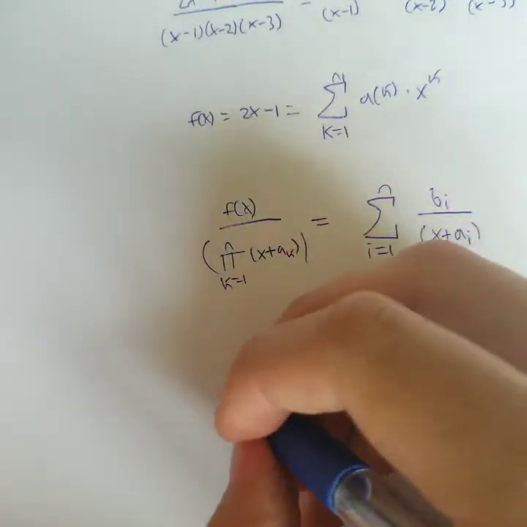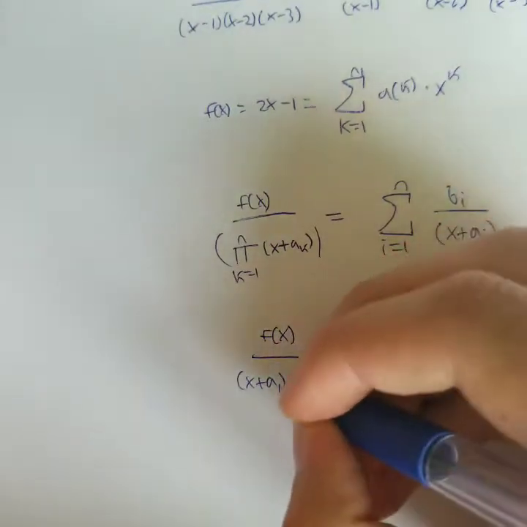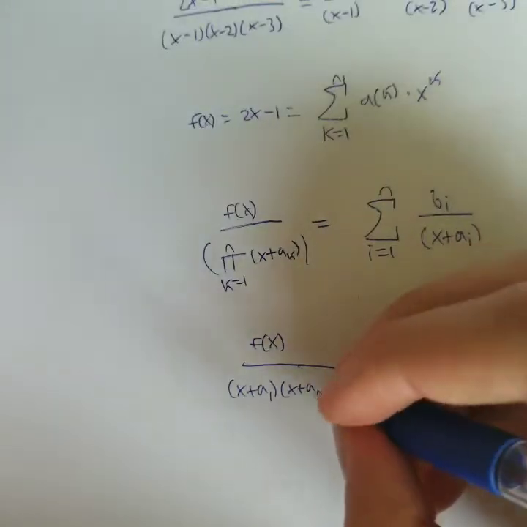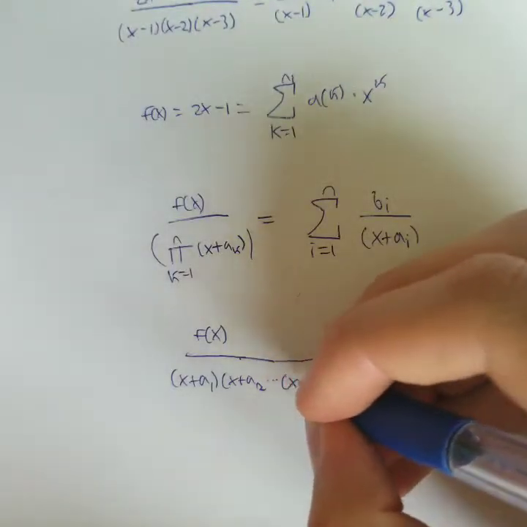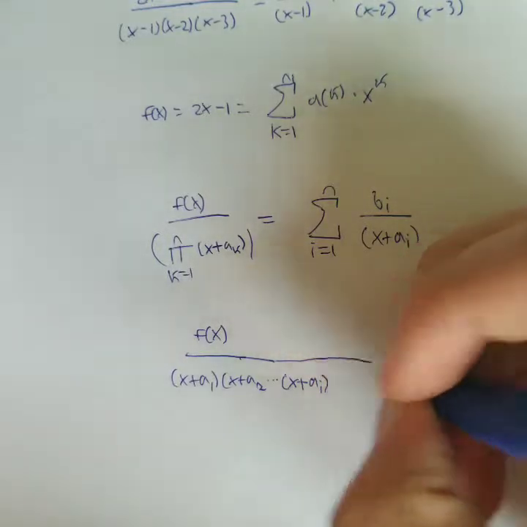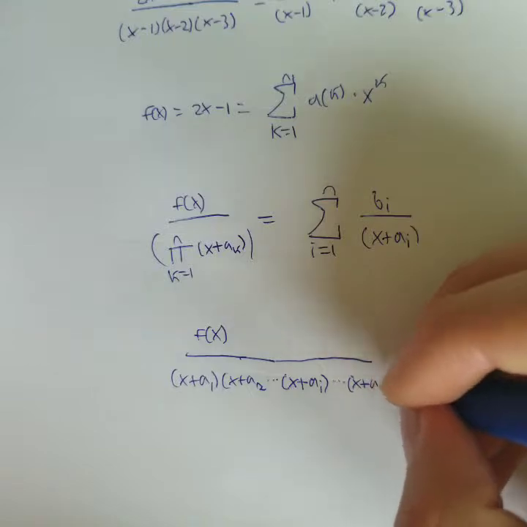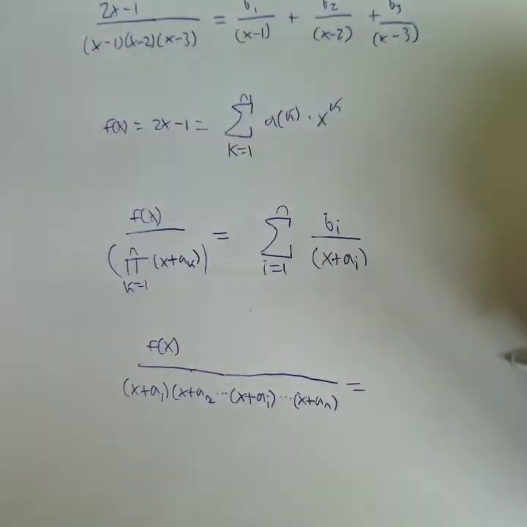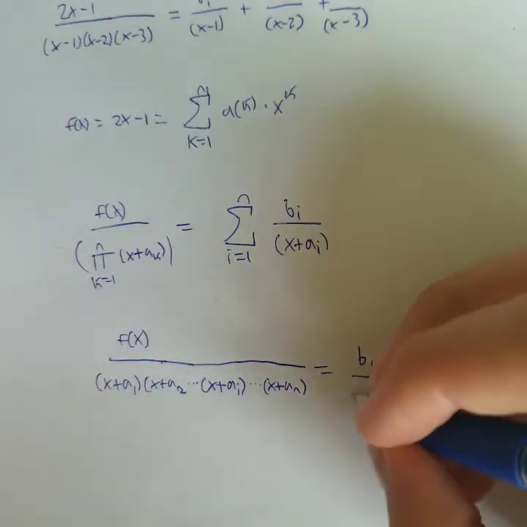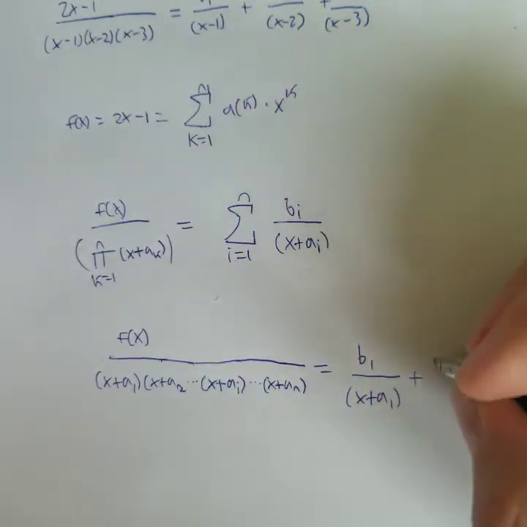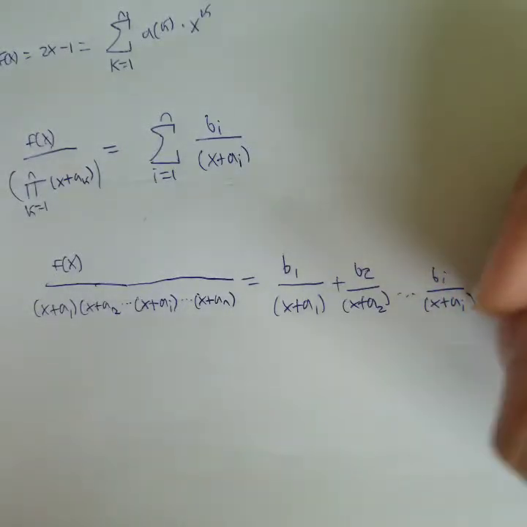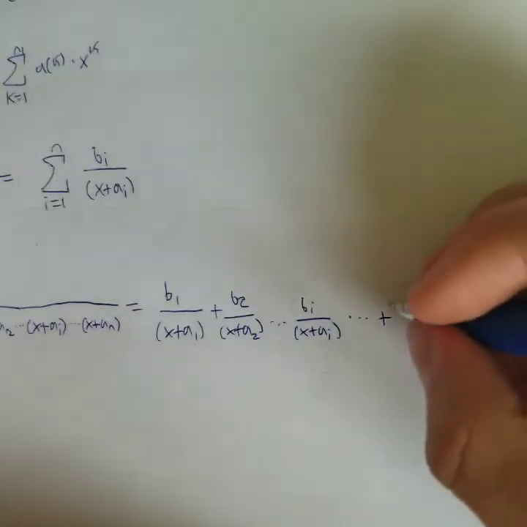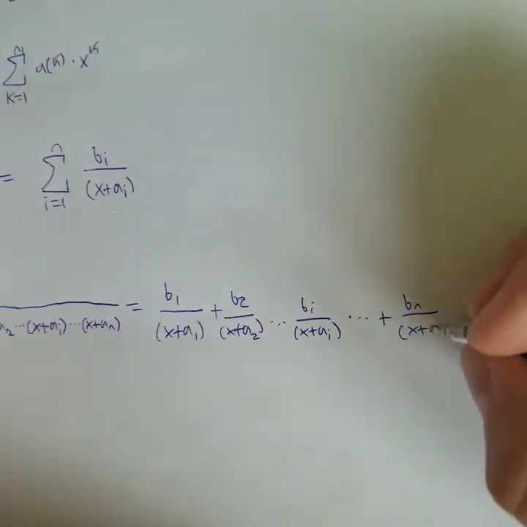So we can expand this product first, which can be written as x plus a1 times x plus a2, and then dot dot dot, and some arbitrary term x plus a i, all the way up to x plus a n, is equal to b1 over x plus a1 plus b2 over x plus a2, dot dot dot, b i over x plus a i, dot dot dot, plus b n over x plus a n.